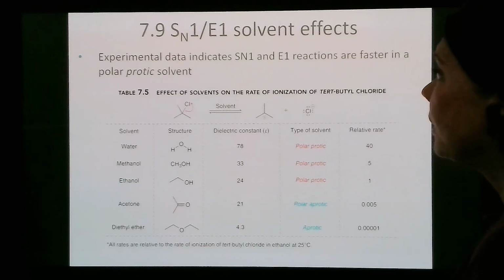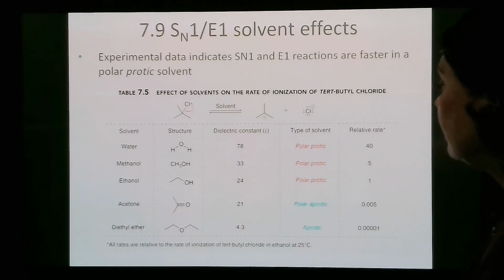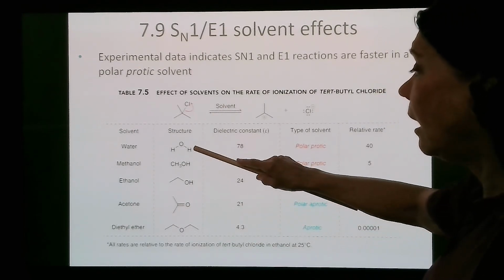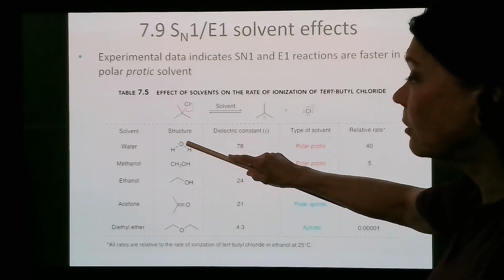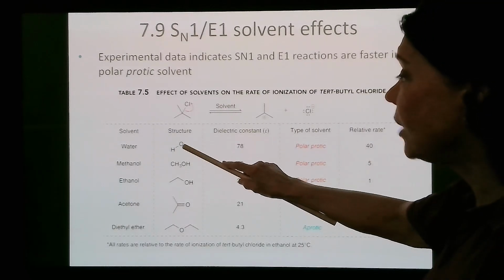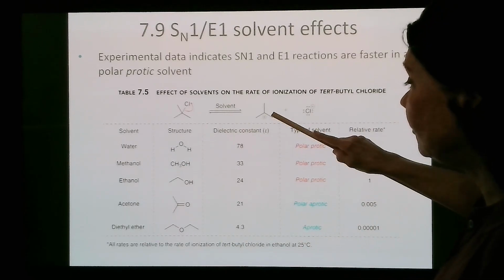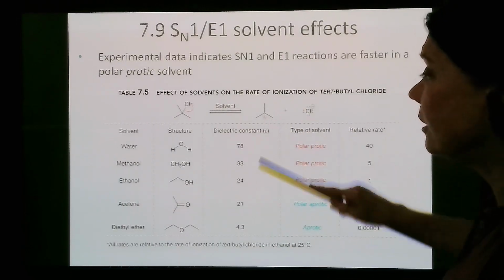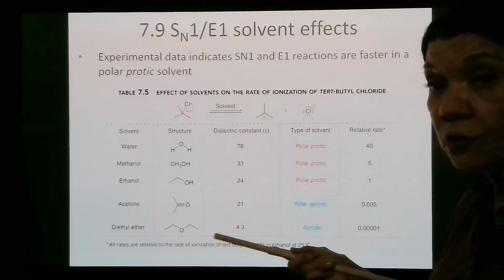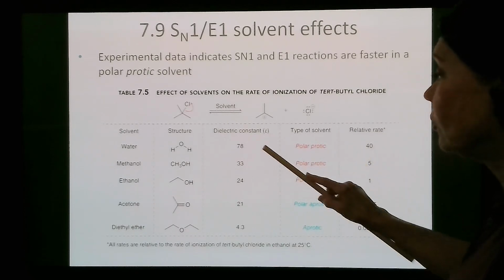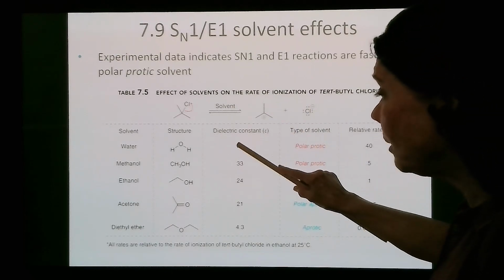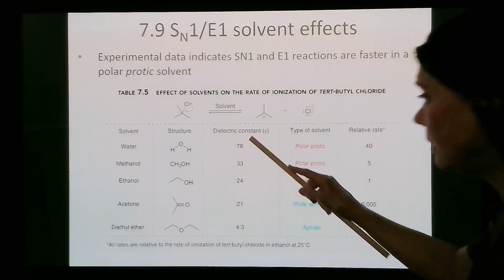This gives you a list of different solvents. So you can see from the dielectric constant, the greater the polarization of the solvent, the higher the rate, and so the polarization of the solvent stabilizes both of these ions, and so it makes it easier for the ionization to occur, and that's the rate determining step, and so it increases the rate when you increase the stabilization of these ions because of the higher dielectric constant.